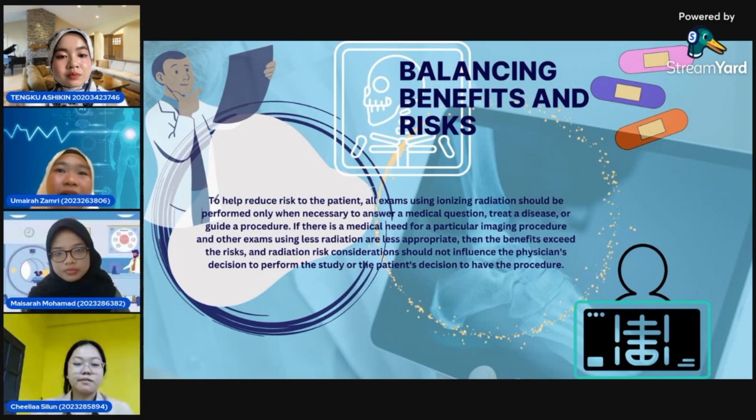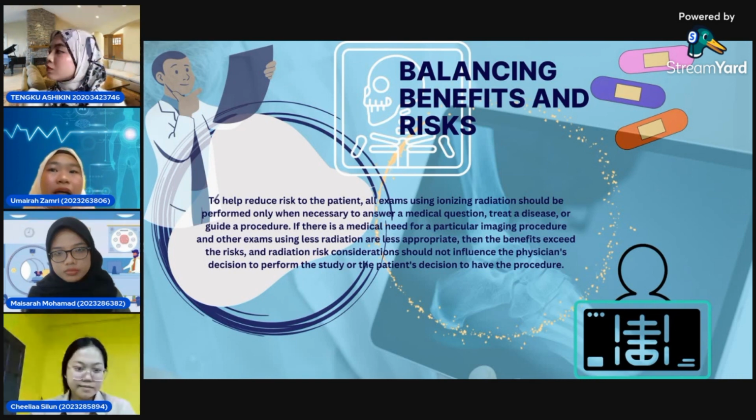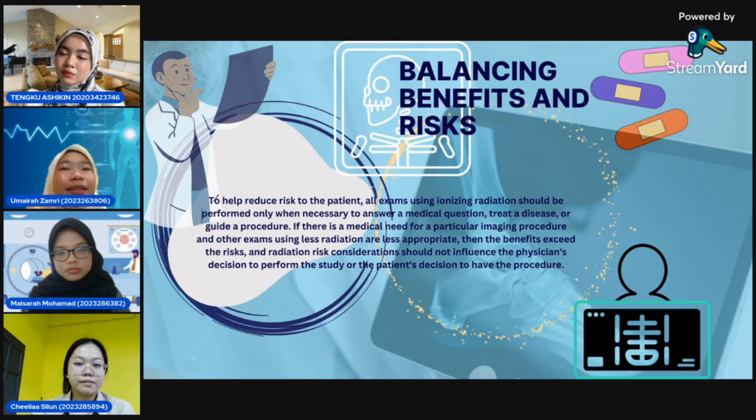If there is a medical need for a particular imaging procedure and other exams using less radiation are less appropriate, then the benefit exists. The radiation risk consideration should not influence the physician's decision to perform the study or the patient's decision to have the procedure.